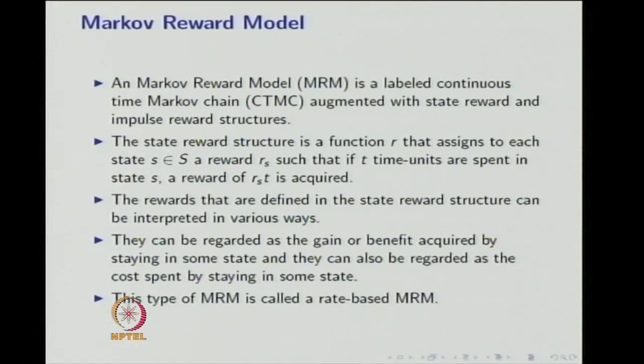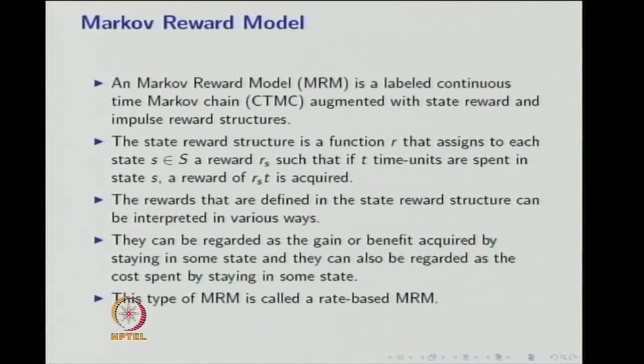Now we are moving into the special case of the reward renewal process, that is, a Markov reward model. A Markov reward model is a labeled continuous time Markov chain augmented with state reward and impulse reward structures.